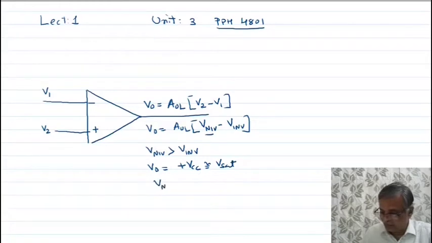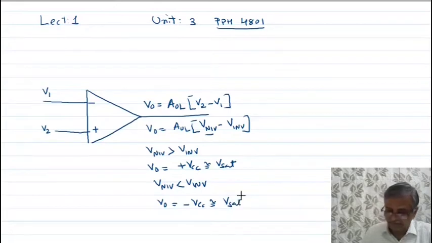If V non-inverting voltage is less than V inverting voltage, then your output is negative, and we write it as minus Vsat.